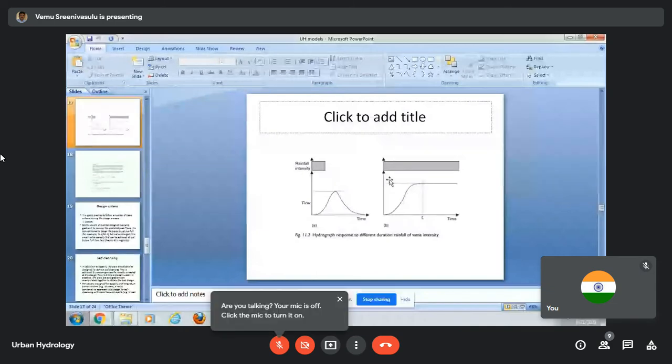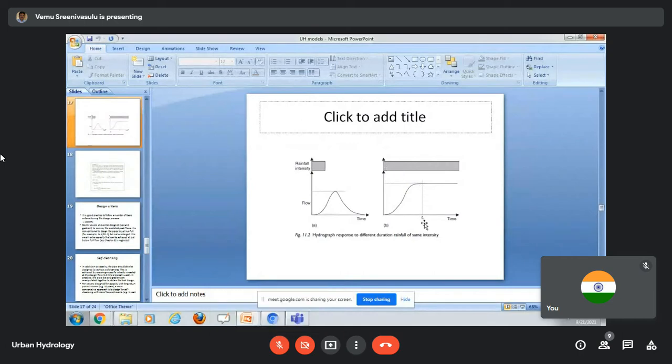So it will be like this when the duration of the rainfall is more than this TC. If it is equal, this is the point where it reaches the steady state condition. So let's see a small example.